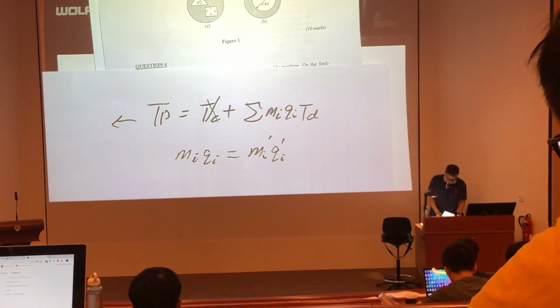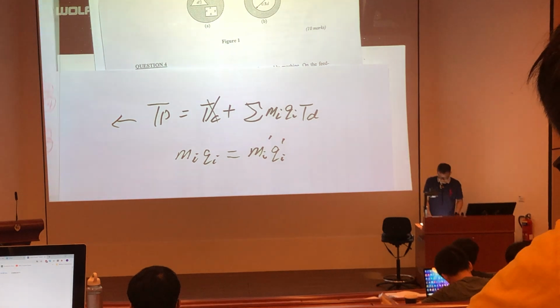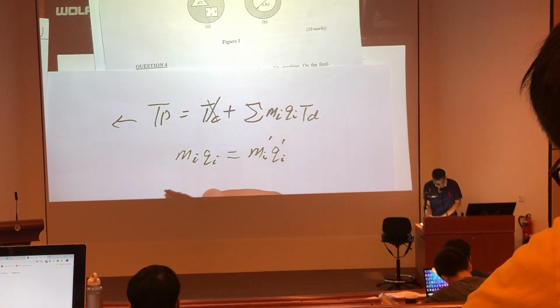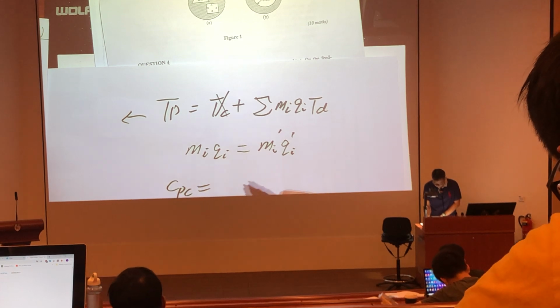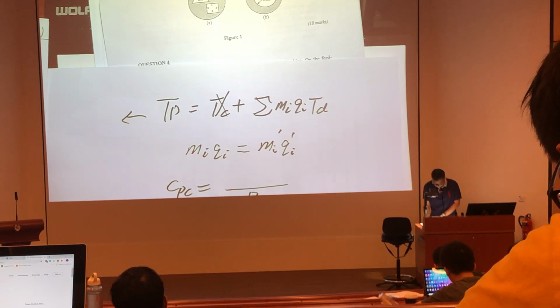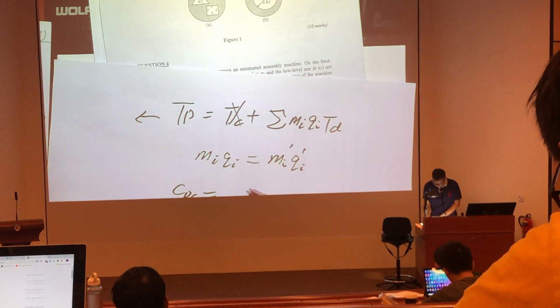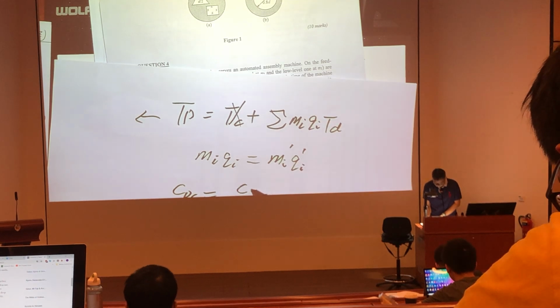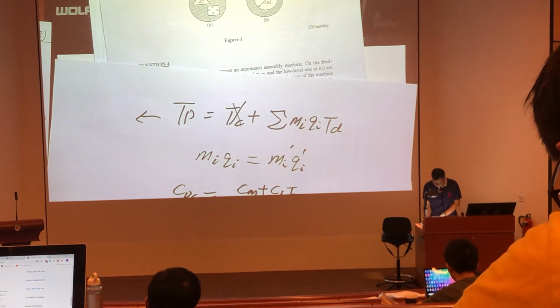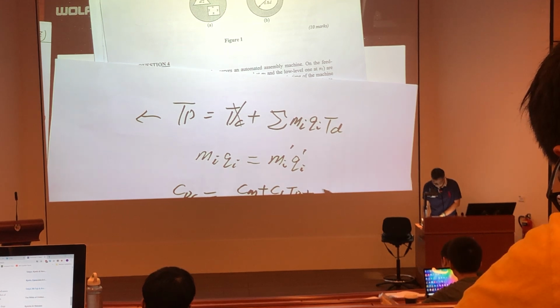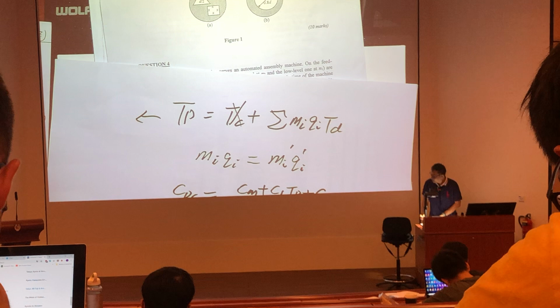And plus, you need to make use of the CPC equation, which equals delta over PEP. On top, we have CM plus CL times TP plus CT. That's the general equation.